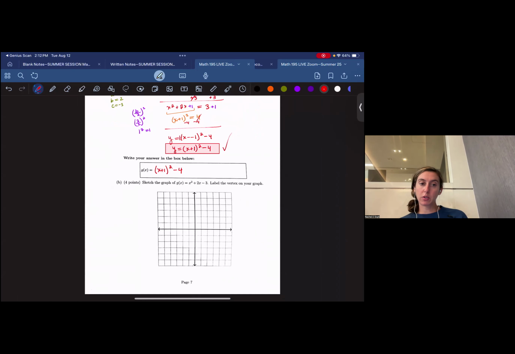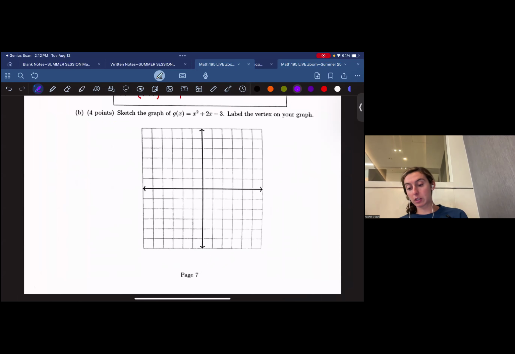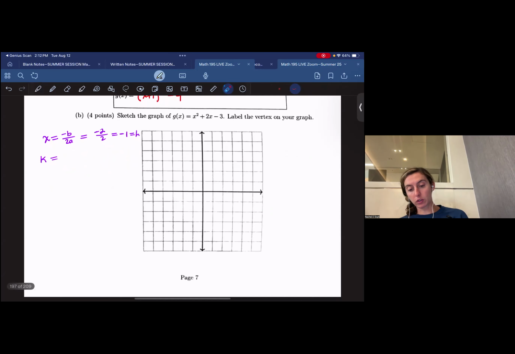Now we're asked to sketch this graph. So let's utilize our axis of symmetry, negative b over 2a, negative 2 over 2, which gives us negative 1, which is our h value of our vertex. And then if we plug it in, we'll get negative 4 as our y value of the vertex.